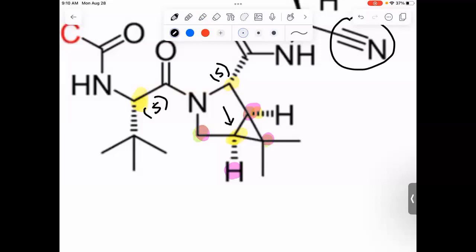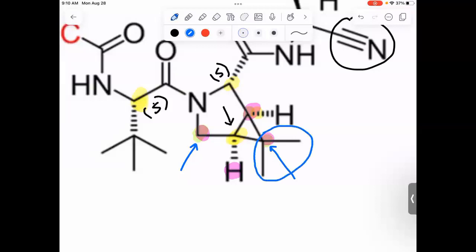All right. How do we prioritize this? There's a trap here, and I want to help you avoid it. When we look at the 2 carbons, let's just say here and here, that's a trap. That branch is going to give this carbon that's branched priority over the other one, even though it's bonded to a nitrogen.